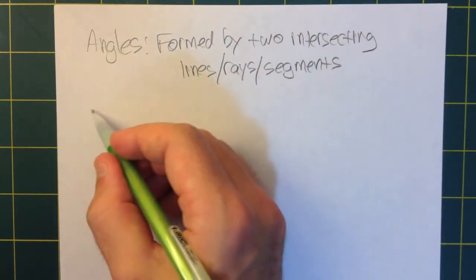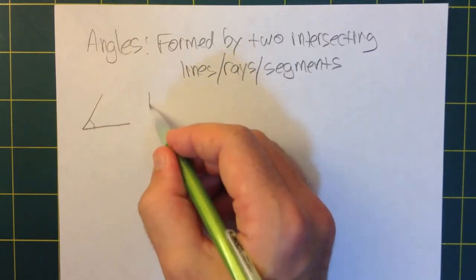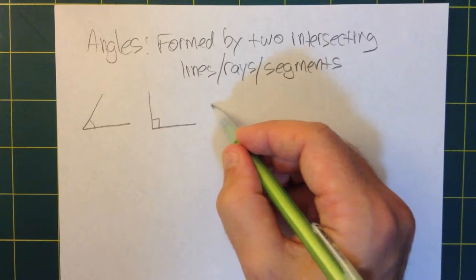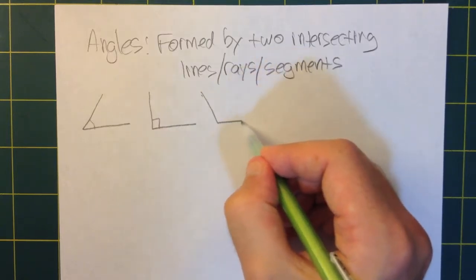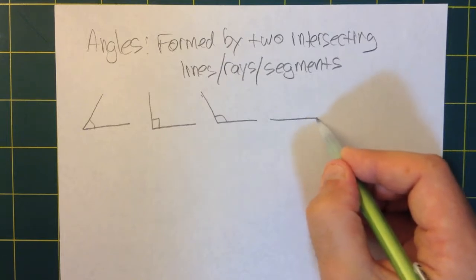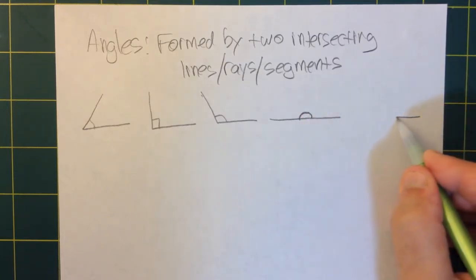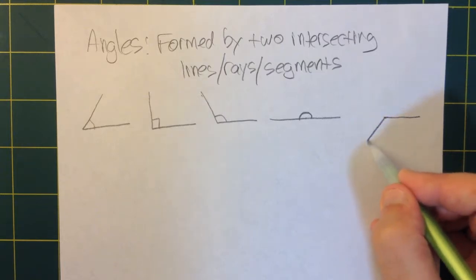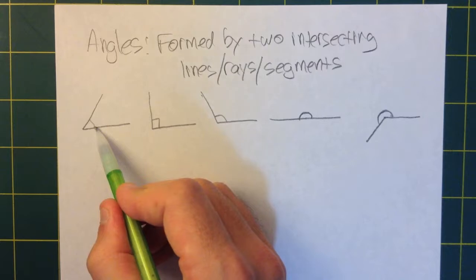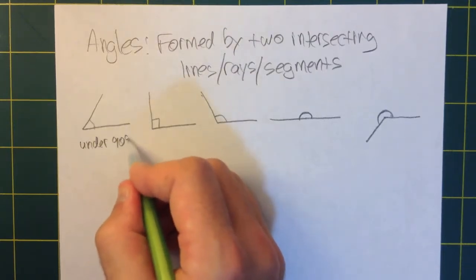When your segments intersect, they might look like this, or like that. Imagine here's one of them and here's the other, and so the angle is right there. I want to talk about that angle right there. In this case, you have an angle that is under 90 degrees.